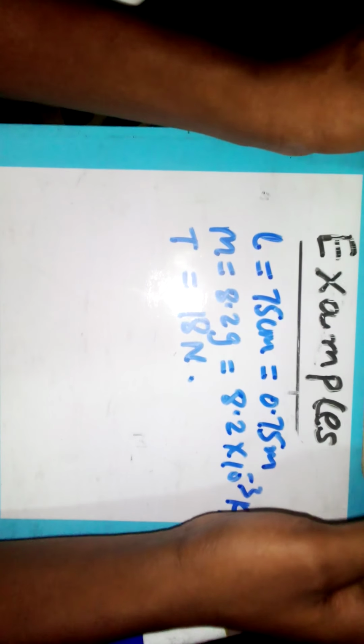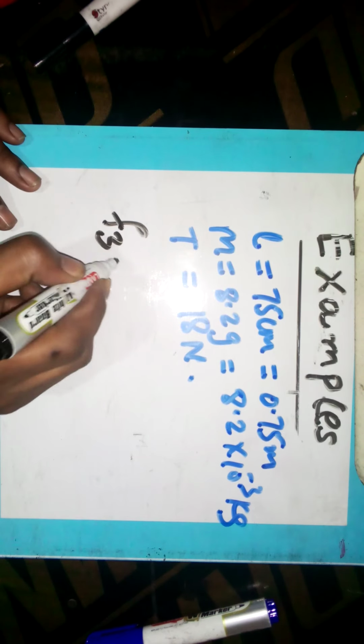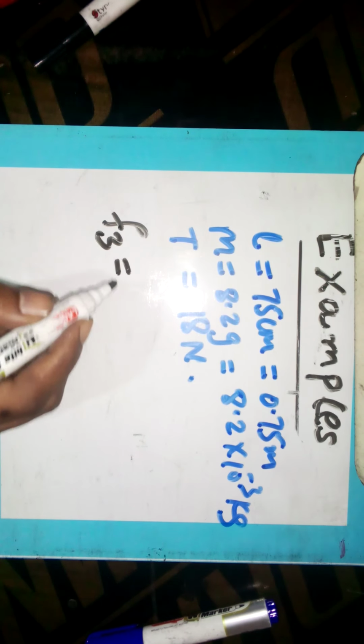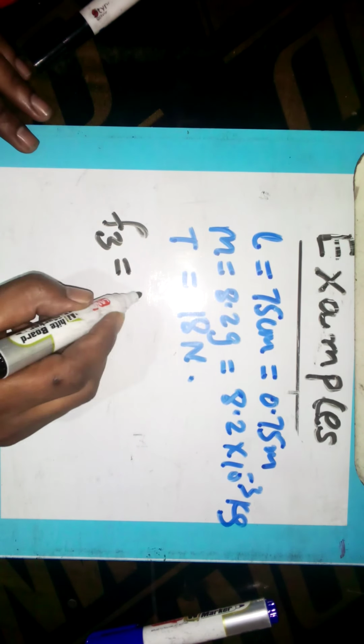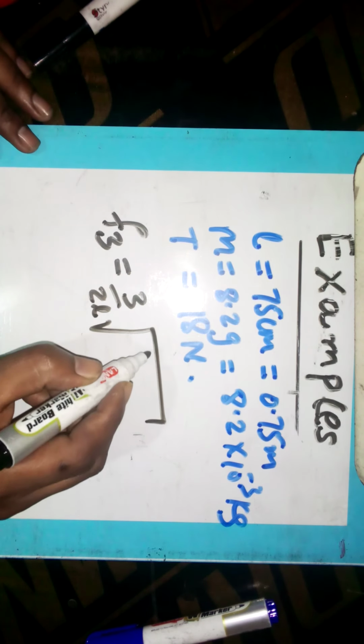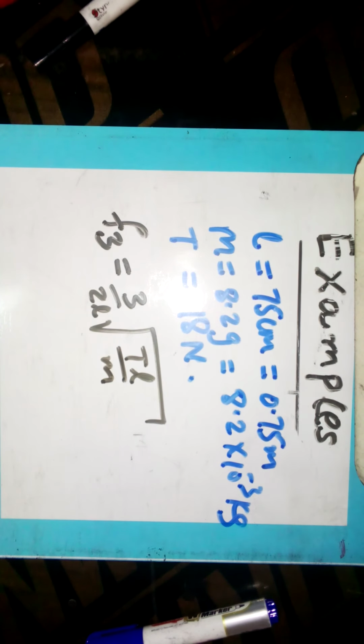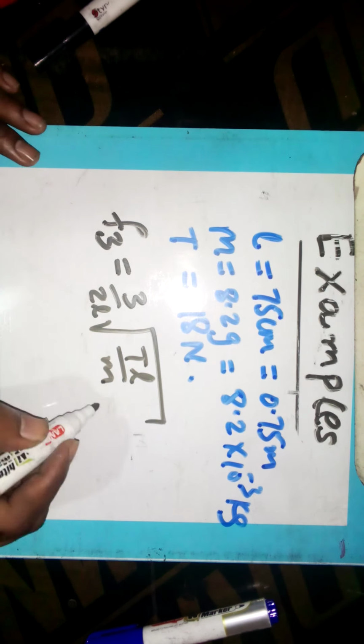After that, you have also been asked to calculate the third harmonic frequency, which is F3. F3 equals 3 over 2L times the square root of tension times L over M. This is F3. Now it is a matter of substitution.